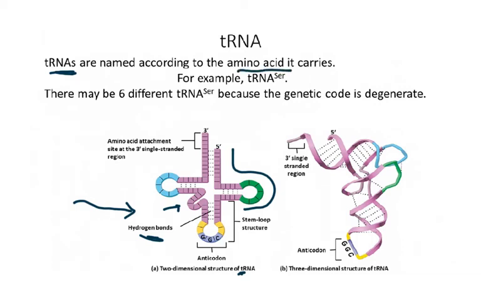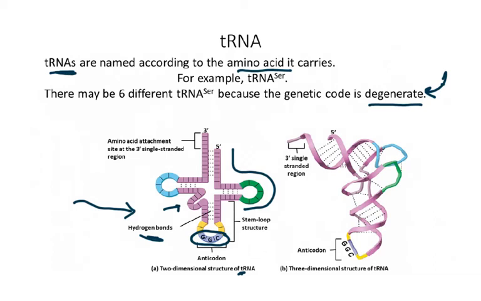There are going to be various tRNAs, and they're each named according to the amino acid it carries. If we look at a tRNA, we can predict based on what the anticodon is what amino acid it's going to be charged with. And so there's going to be a unique tRNA for each amino acid. But if you remember, we said the genetic code is degenerate, meaning there's more codons possible than there are amino acids.